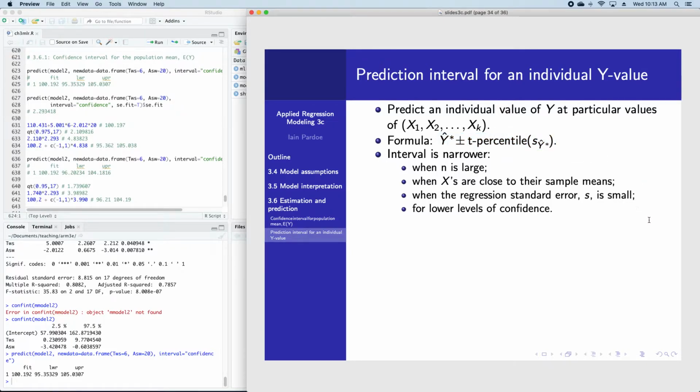The same factors influence how narrow or how wide that interval is, though. So the interval tends to be narrower for large samples, when x is close to the sample means, in situations where the regression standard error is small, and for lower levels of confidence.